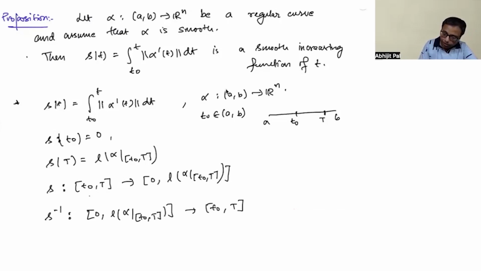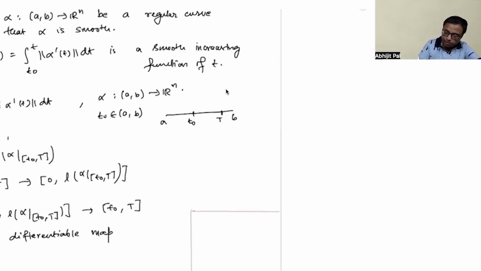Okay, so note that we have started with alpha, and this S inverse is a differentiable map. So therefore, we can have this picture also here.